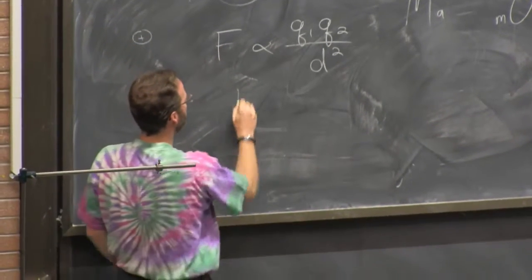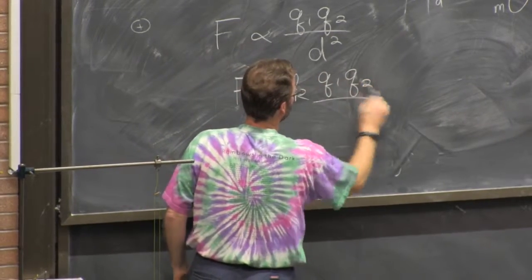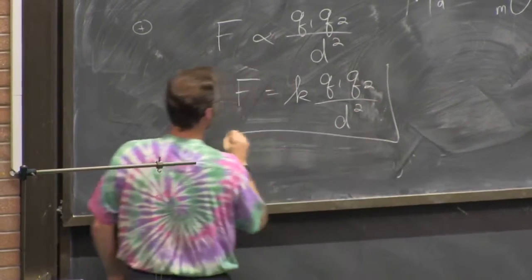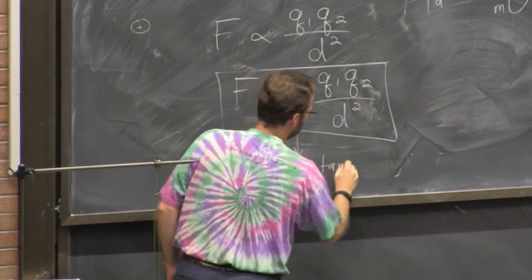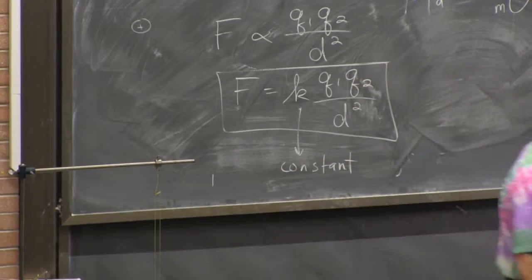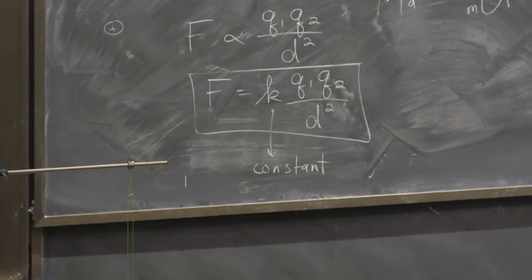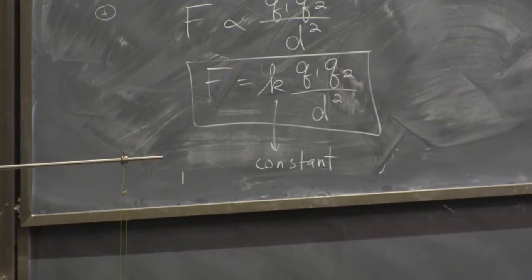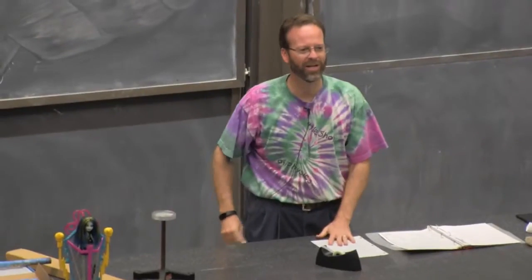And it's exactly equal to, this is a constant of proportionality. It's Coulomb's constant, and it's about 9 billion. So it's a really big number.